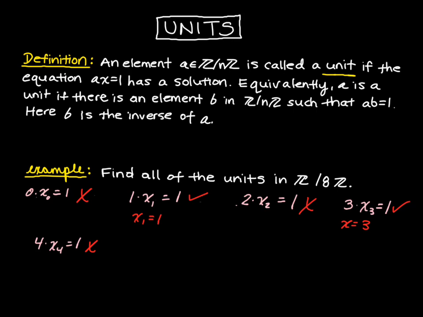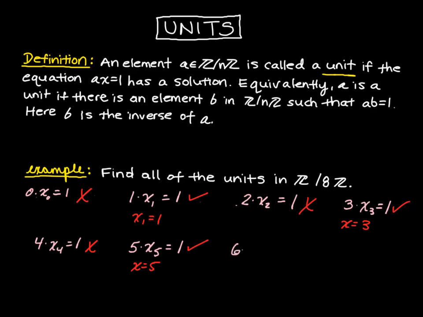So we move to the next equation, which is 5 times x5 equals 1, and we want to see if this has a solution. It does, namely x equals 5 is going to work because 5 times 5 is 25, and 25 is congruent to 1 mod 8. So we're almost done.